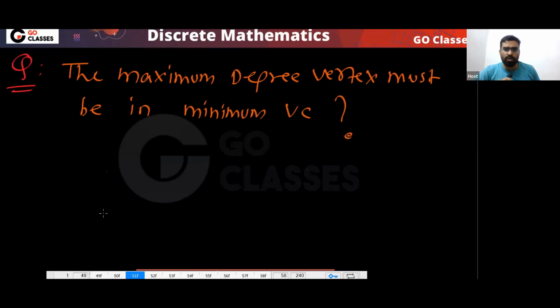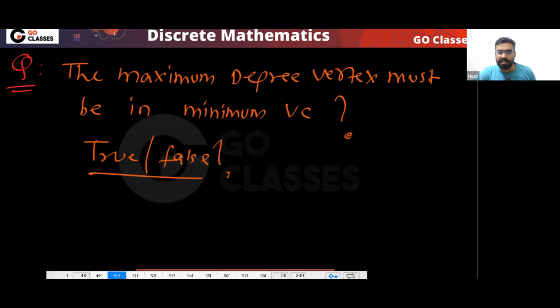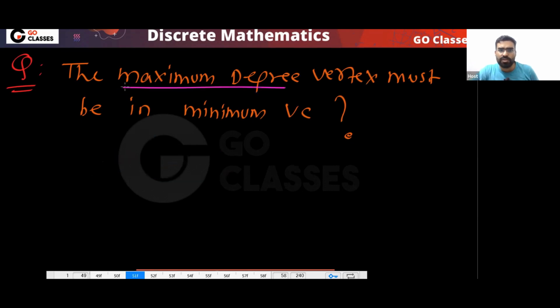True or false? The vertex which has maximum degree, it should definitely be in the minimum vertex cover. This statement is clearly false. You can easily create a counter example.